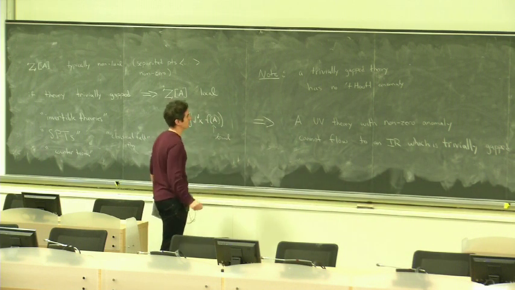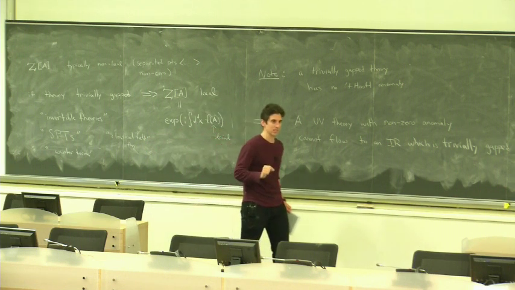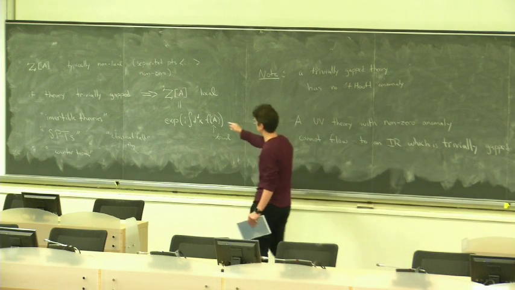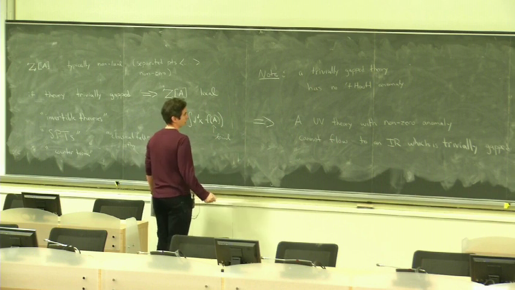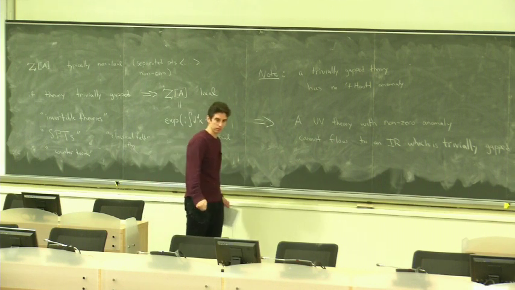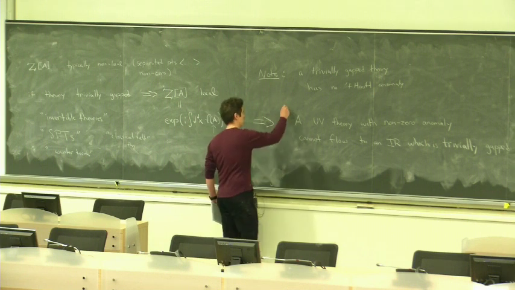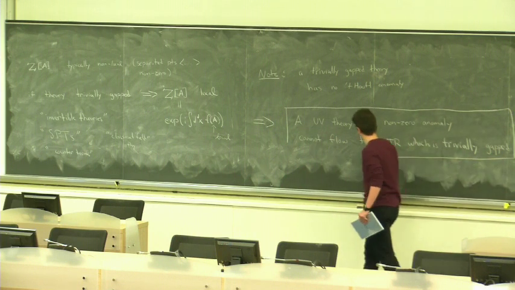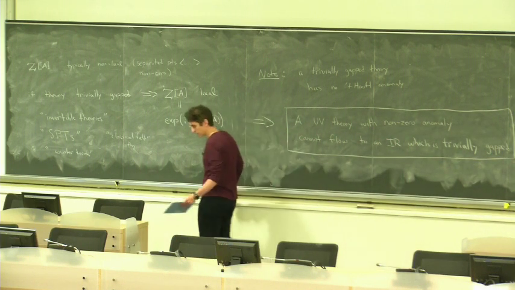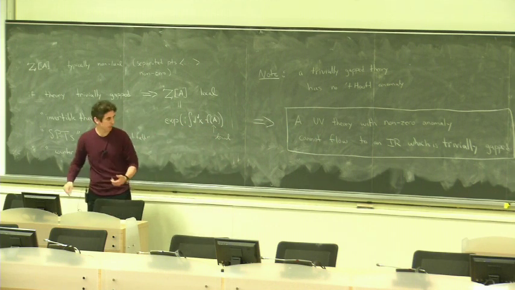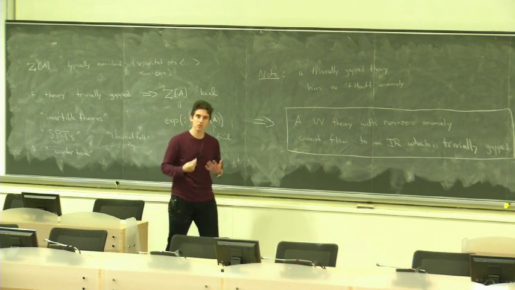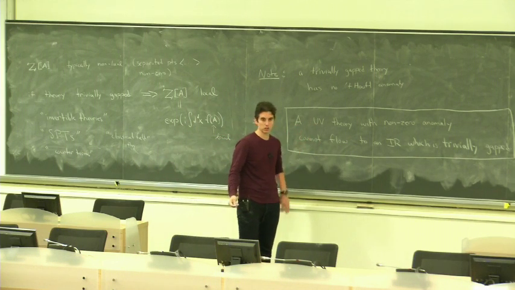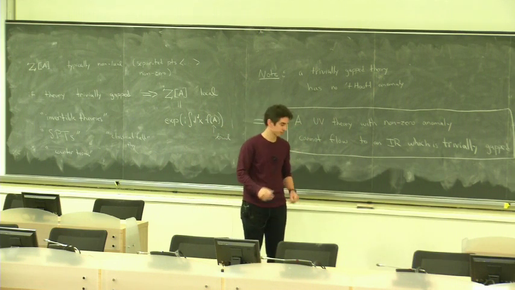On the contrary, since we have a non-zero anomaly, the IR theory, whatever it is, must reproduce that anomaly. The partition function cannot take this form in the long distance limit, and the theory cannot be trivially gapped. So this is really the basic fundamental conclusion where a lot of that discussion about Yang-Mills at the beginning comes from. That's because we'll eventually be able to exhibit some new kind of anomaly for Yang-Mills theory at theta equals pi, and hence we'll get this conclusion applied to that theory. Okay, I'll stop here.